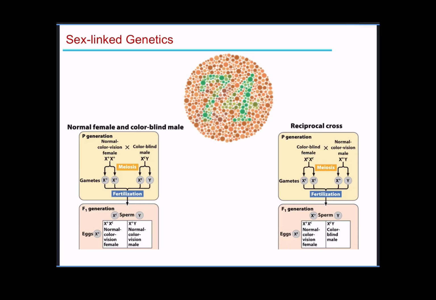Whereas if you were to have a colorblind female with a normal color vision male, now half the progeny, the girls, the daughters, will have a normal color vision because they get the X from dad with the wild type allele for this gene, whereas the boys, the sons, are colorblind because they get their only X chromosome from mom. So just like we saw with the flies, you could almost imagine the white eyes being this particular form of color blindness, and it would track perfectly.